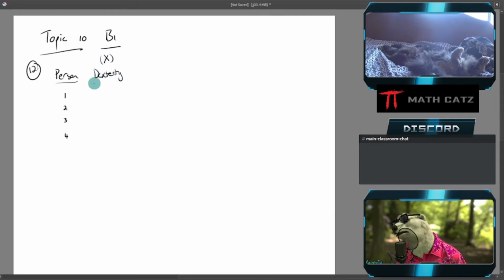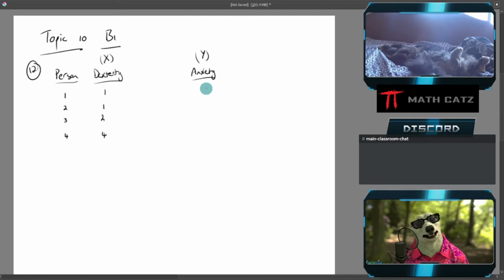And the scores we got for the people: 1, 1, 2, 4. And then I'll give myself some space over here for my other variable, which I'll represent with a Y, anxiety.